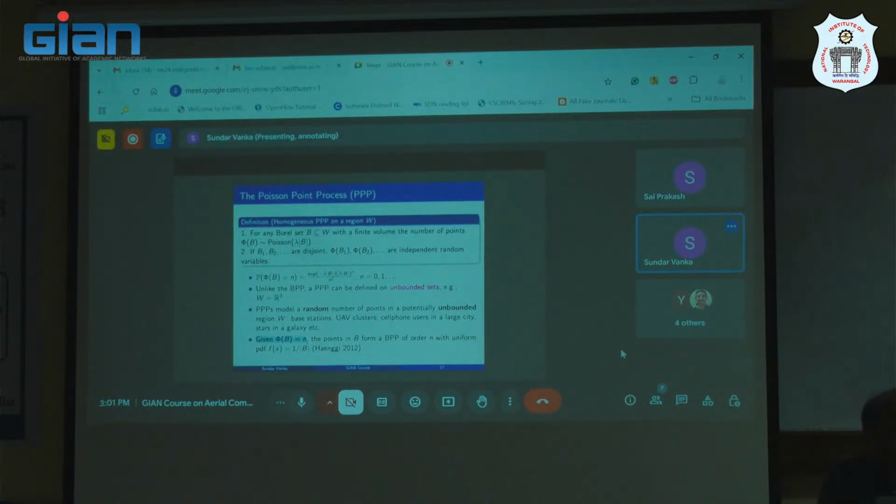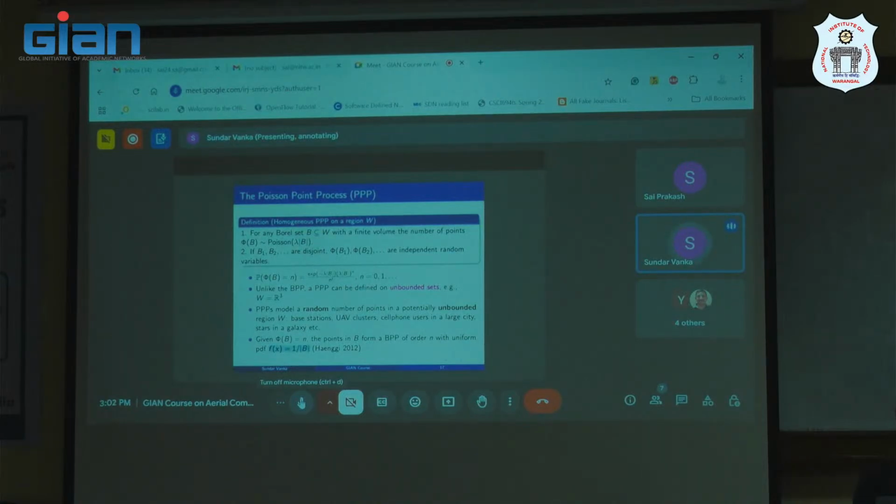That is why they form a BPP of order n. It's order n because we are already told that there are n points. And in this case, the common PDF that you are trying to sample is 1 over B, which is uniform in the area that you are interested in.